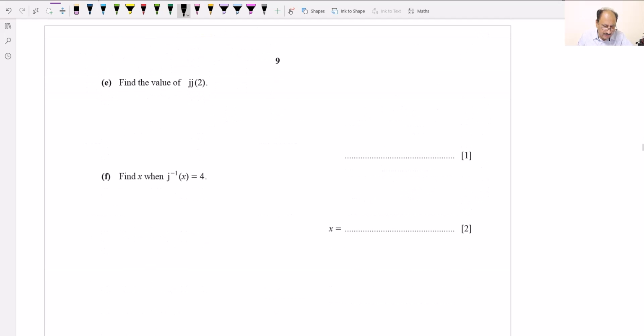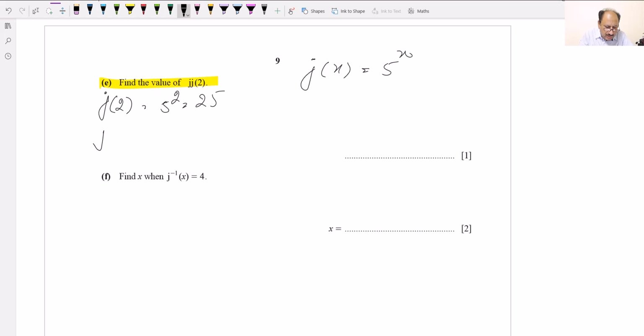So you got this. Now E part says find the value of j of 2. J of x is equal to 5 raised to the power x. Now j of 2 will be equal to 5 squared, which is 25.